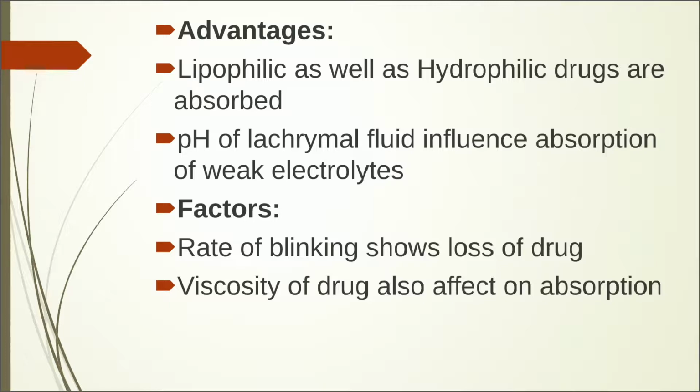The factors which are affecting the success of intraocular route of drug administration include the rate of blinking, which causes loss of drug. The viscosity of drug also affects absorption. So these are factors which are affecting the success of drug administration via the intraocular route.